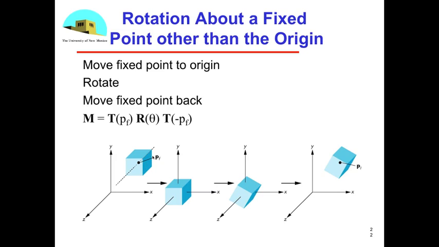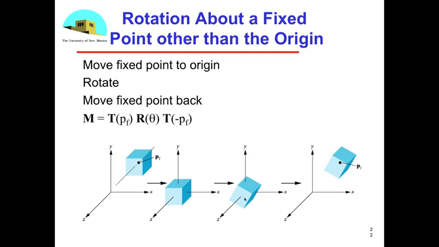How do I do that? I apply a translation to my object, all the vertices that define that object, by how much? By a vector that's determined by the fixed point, usually the center of the object. So I do minus that to get it down to the origin. Now I'm assuming I know how to do the rotation here, so I do the rotation. And then, wait a minute, it's in the wrong place, so I need to put it back.